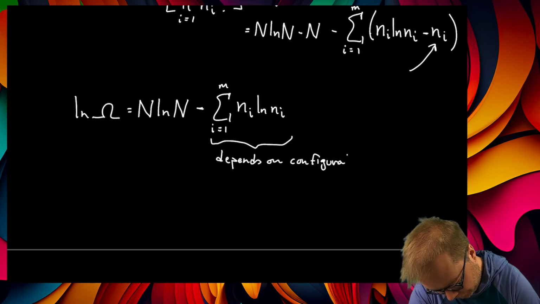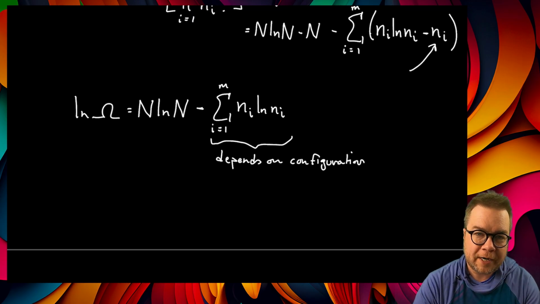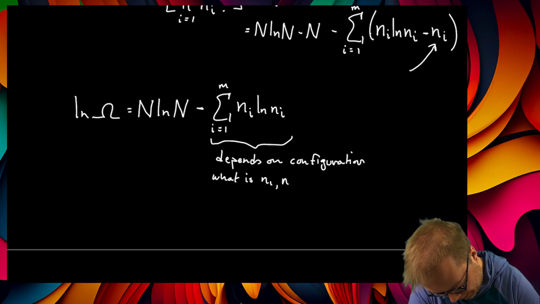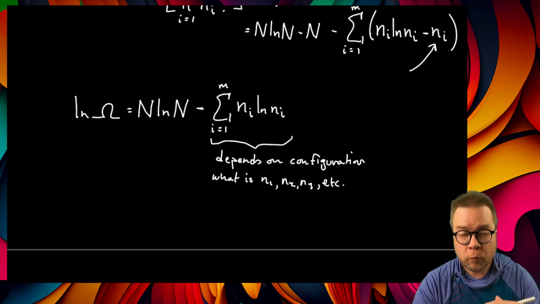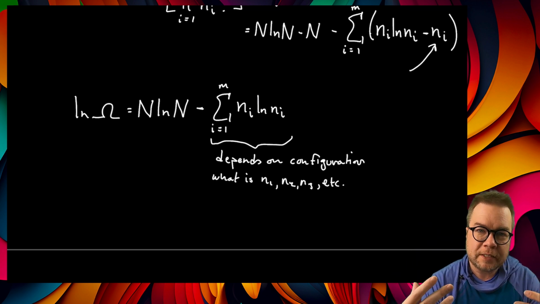In other words, the question that we're trying to ask is, what are n1, n2, n3, etc.? What are the different distributions of the particles in these different arrangements that will lead to a maximum value of the entropy?